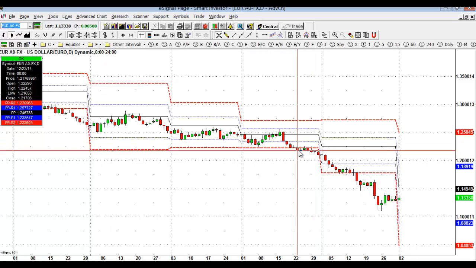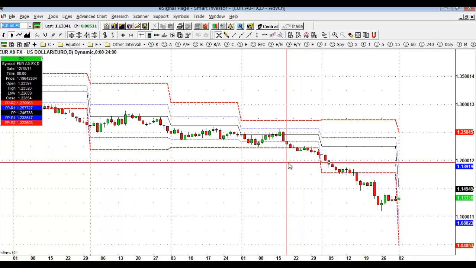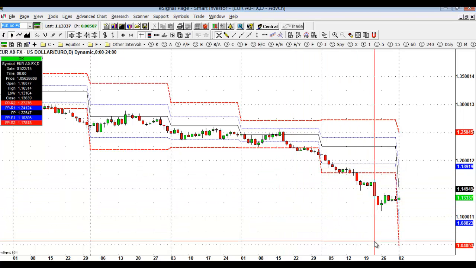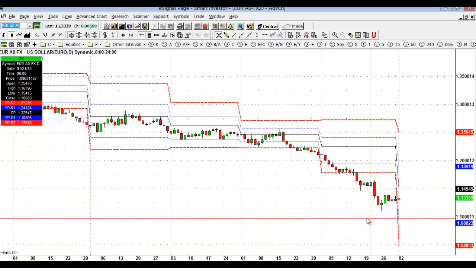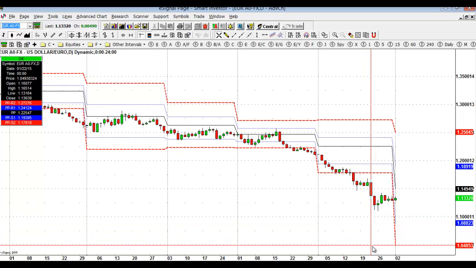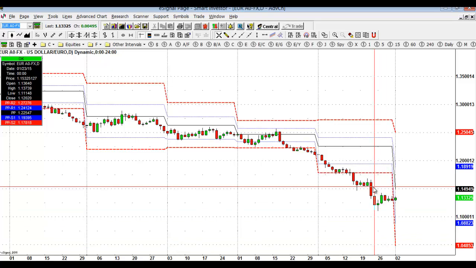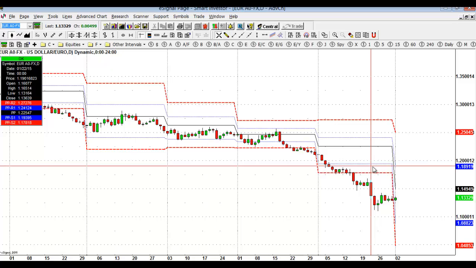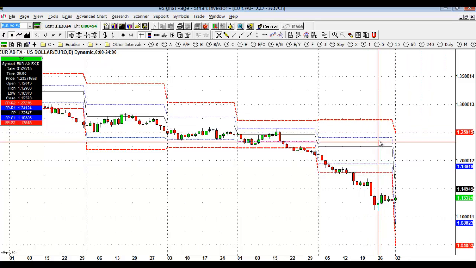Because we had a strong downward move last month, the monthly pivot points are very exaggerated, but we have a monthly S1 of 108 and a monthly S2 of 104. Resistance is at 118 and 125.